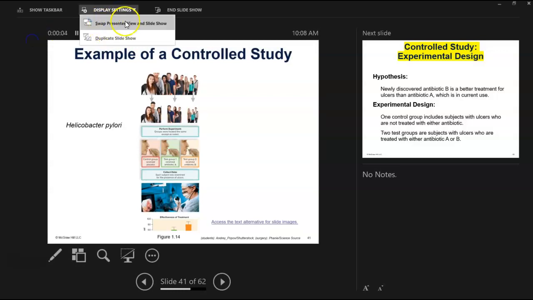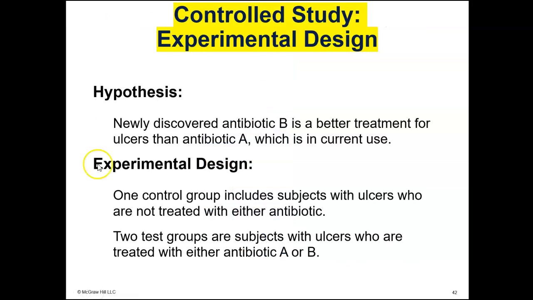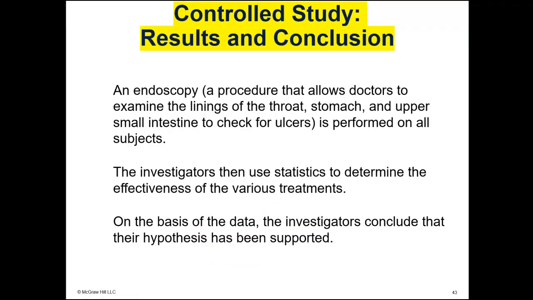And the experimental design says 1 control group includes subjects with ulcers who are not treated with either antibiotic. They're given a placebo. And there are 2 test groups that are either given antibiotic A or B. Now, an endoscopy is a procedure that allows doctors to examine the linings of the throat, stomach, and upper small intestine to check for ulcers.